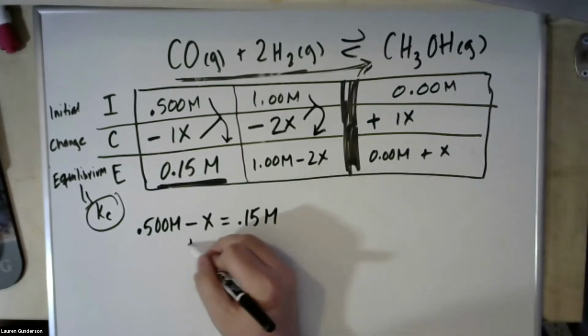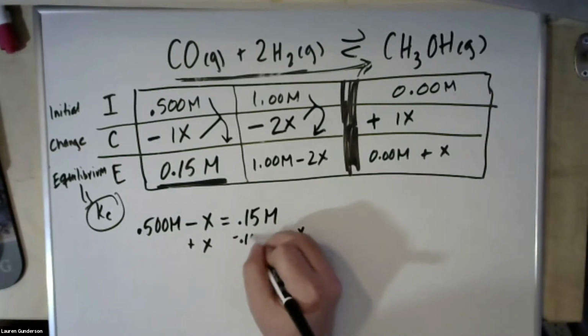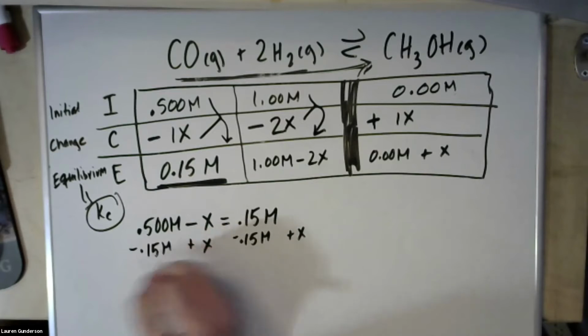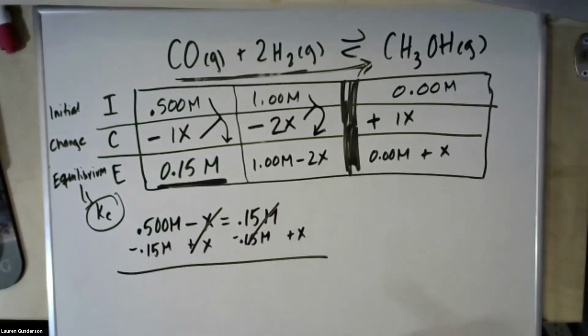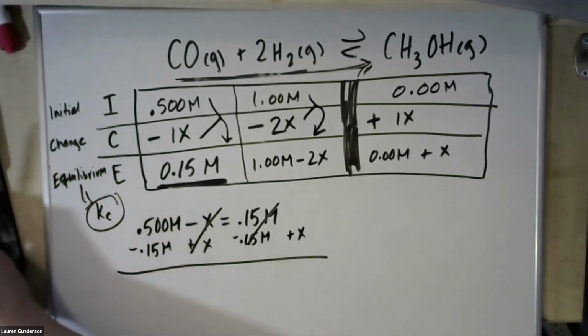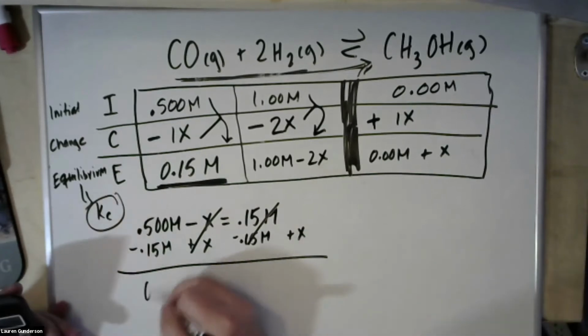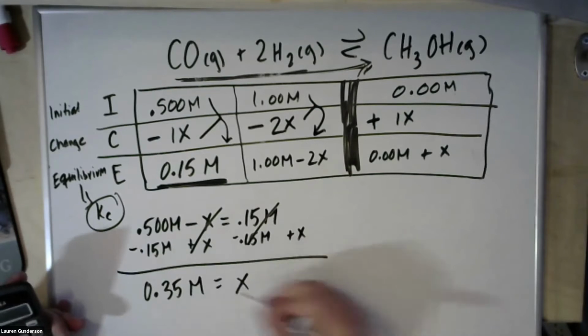So we should be able to find what that X value was, what that change value was. Okay, so we get 0.35 molar is going to be our X value.